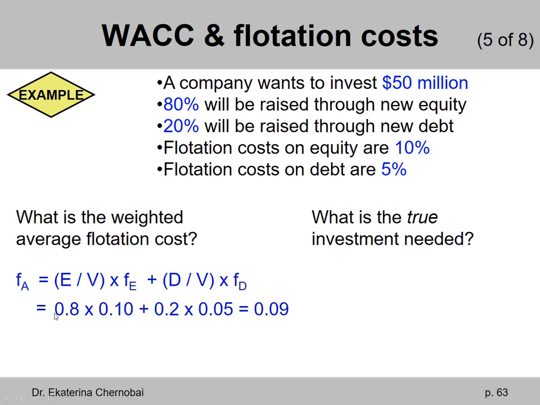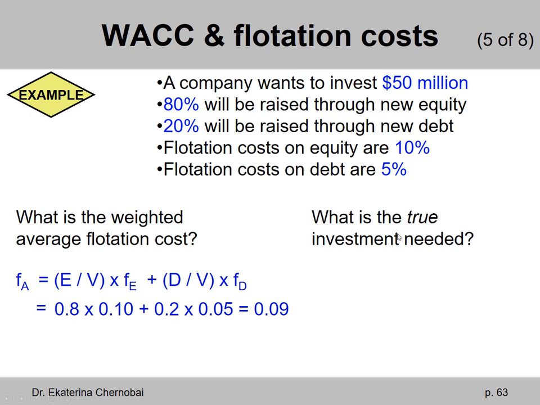Plugging in the numbers, we have 0.8 times 0.10 plus 0.2 times 0.05, which gives 0.09, or a 9% overall flotation cost. So whatever money we raise by selling common stock shares and bonds, 9% of that will be gone. It will be paid to some third party as a fee for helping us go through this process of issuing the new financial securities.